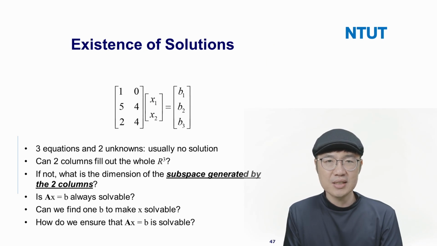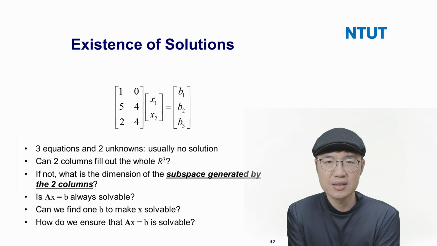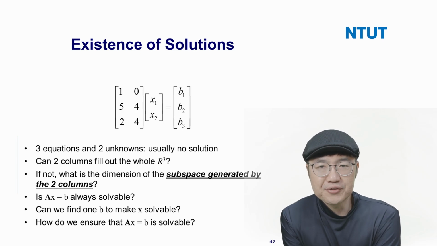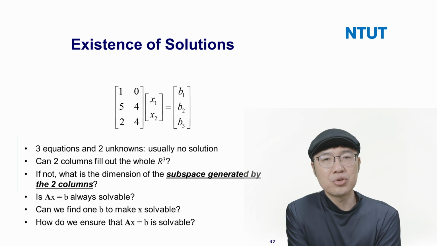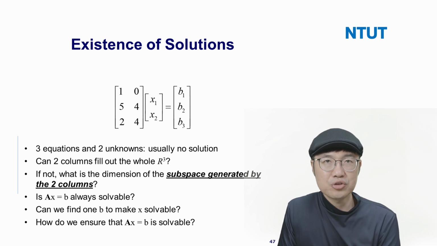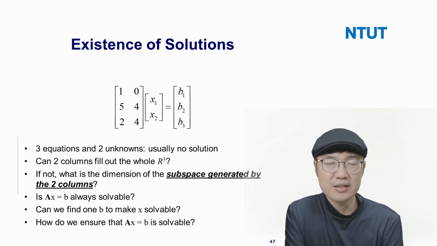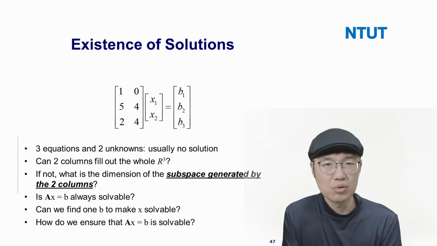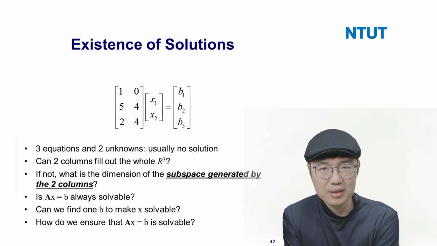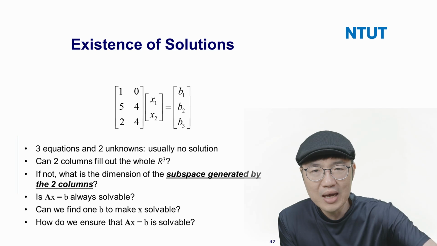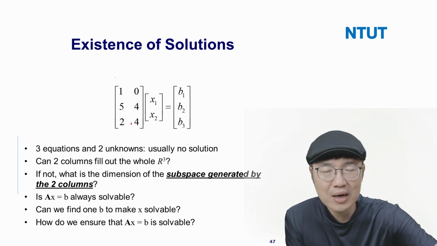So let's consider another scenario. It's formed by three equations and two unknowns. Usually, when the number of constraints is more than the number of unknowns, we don't have a solution. So can the two columns fill out the whole R3?